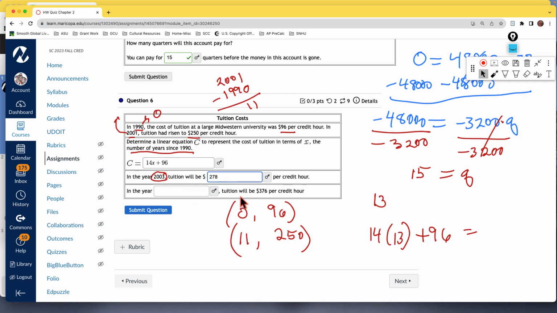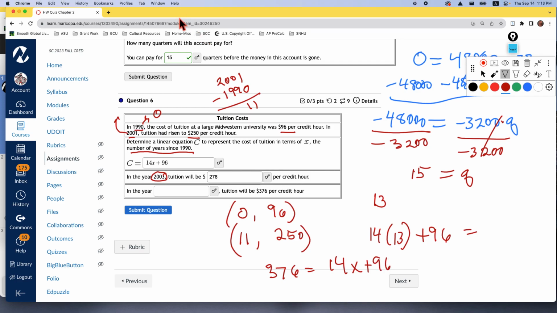In the year blank, tuition will be 376. We can see that's going to be into the future. I'll show you a way. Okay, so what are we doing? We're solving this equation where 376 is equal to 14x plus 96. Now you can do that, but I'm going to show you if you come back to Desmos.